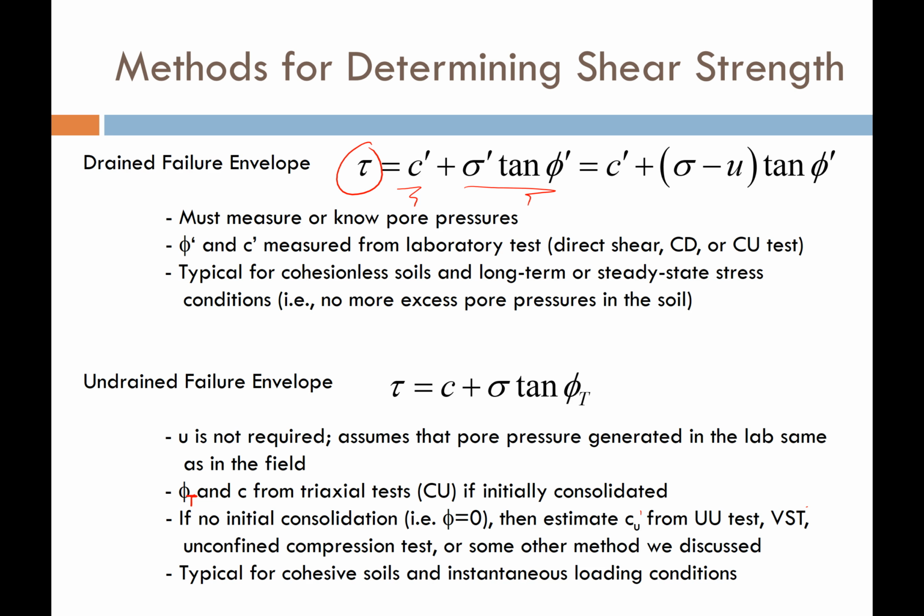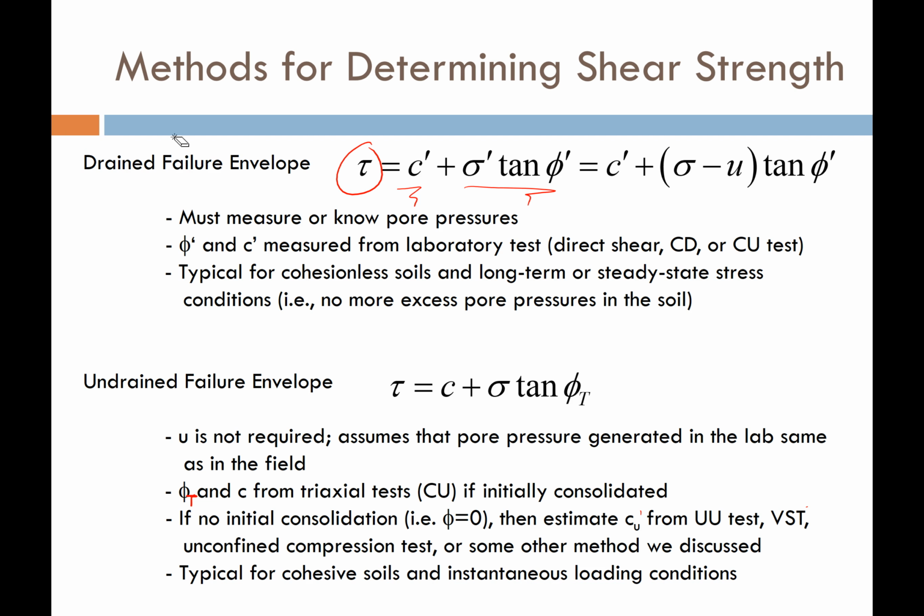So a lot of students, when they're exposed to the concept of soil shear strength for the first time, get really confused because they say, how do I know which failure envelope I should design for? Should I design my soil for the shear strengths that are drained, or should I design them for shear strengths that are undrained?